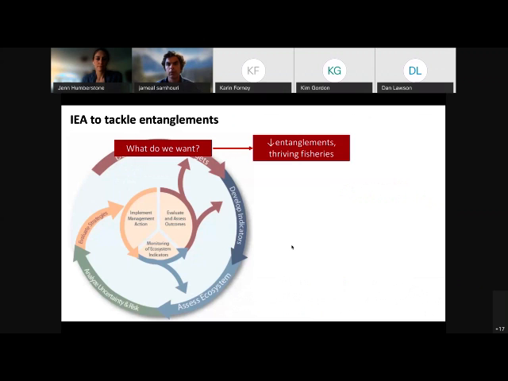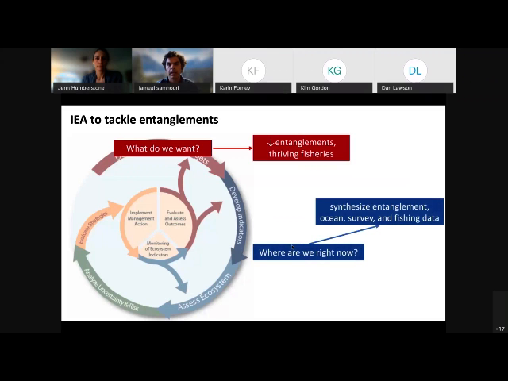There are these twin goals of minimizing entanglements while maintaining vibrant fisheries. And in order to reach those goals, an IEA framework starts by asking, well, where are we right now? And we've heard a lot about that in terms of understanding the entanglement report data, ocean conditions, surveys that are being conducted, tagging studies, where fishing is happening based on the lived experience of fishery participants.